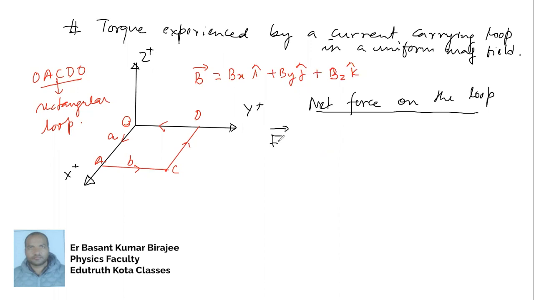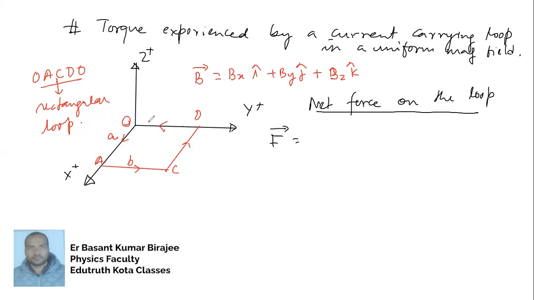Means we have to find four forces here: the force experienced by OA arm, the force experienced by AC arm, the force experienced by CD arm, and the force experienced by DO arm. The net force will be the vector sum of these forces.